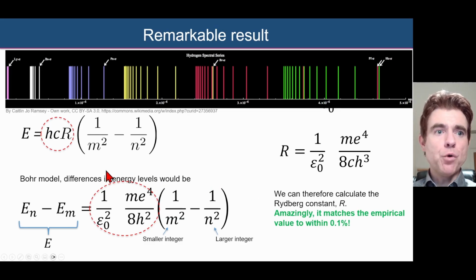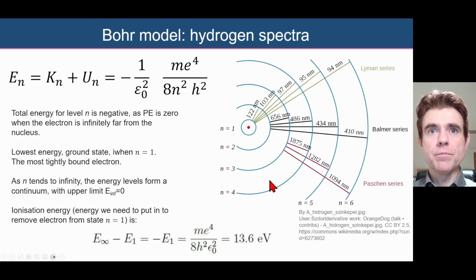And so therefore, using just this very simple model that we've looked through in this video, we're able to very accurately predict the spectra of light, the very definite photon energies that are given off from atomic hydrogen. And indeed, the model can also work for other simple atoms as well.